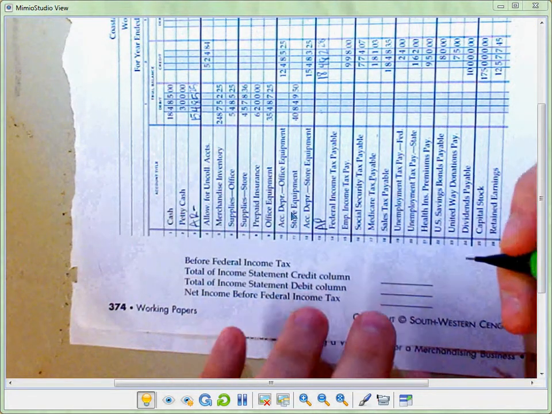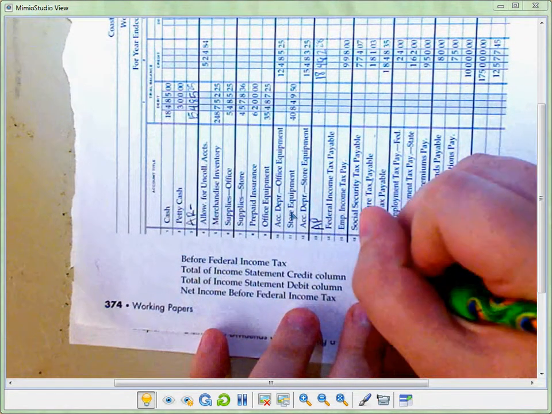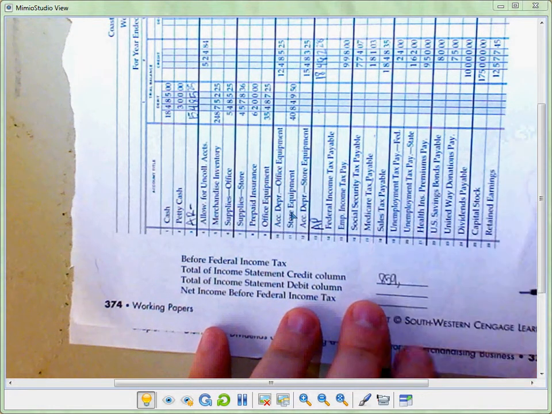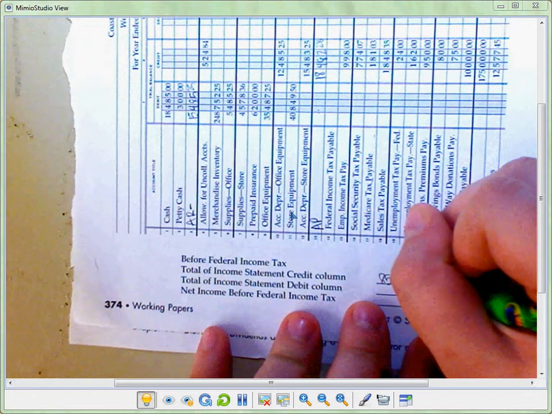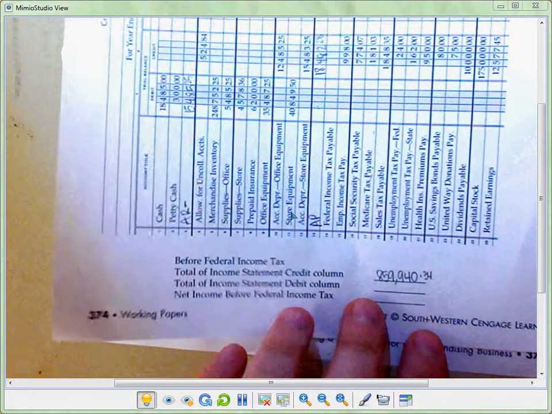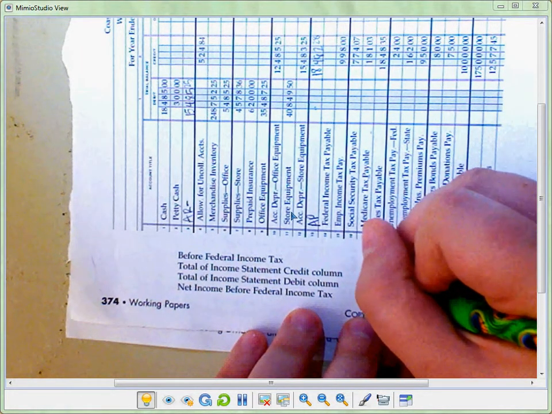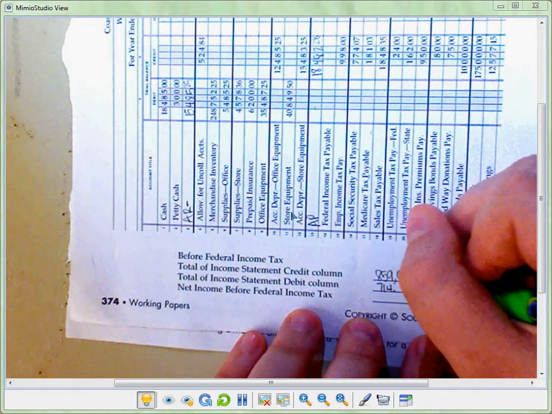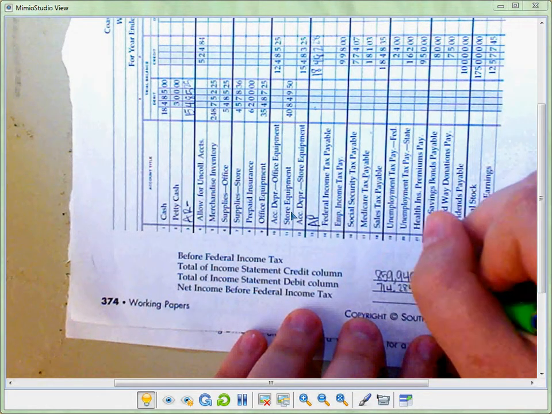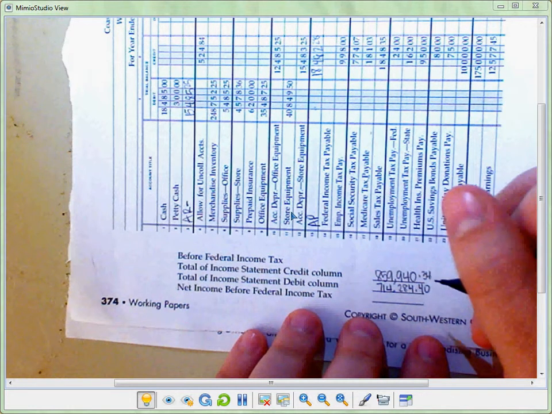And so our credit is $859,940.34. Okay, and then our debit is $714,284.40. Then to calculate our net income, we need to subtract those two, so you guys can handle that.